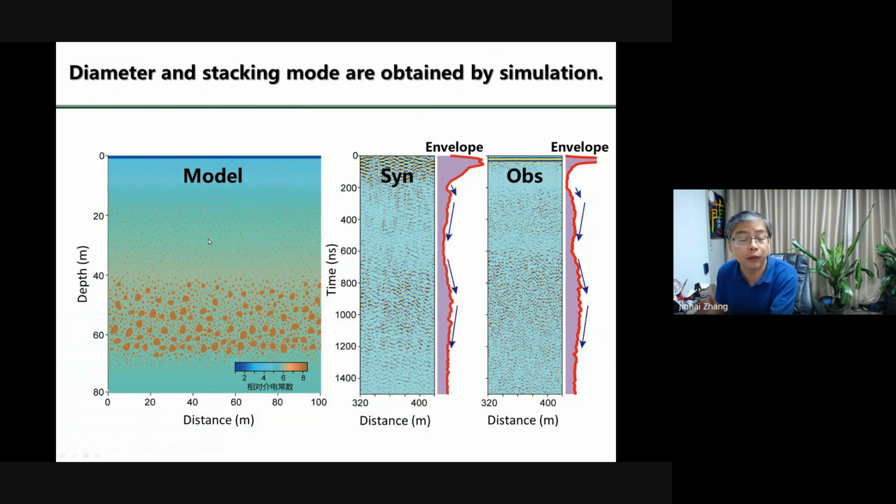So our model means that we have two suites of layers. For the upper suite, we have smaller reflectors or smaller rocky blocks, and for this one we have much bigger boulders in it.